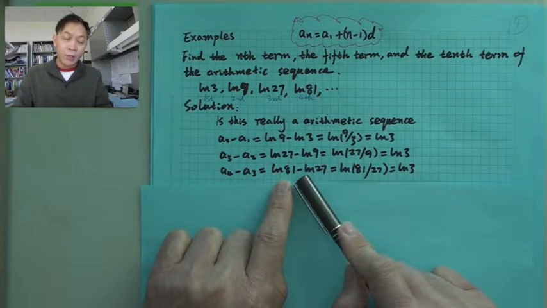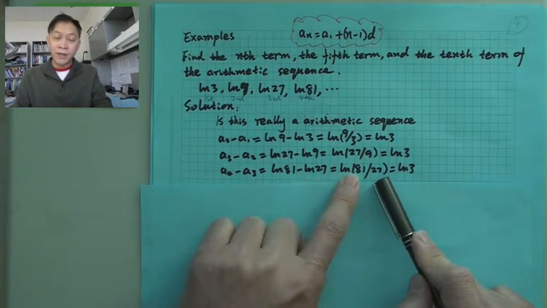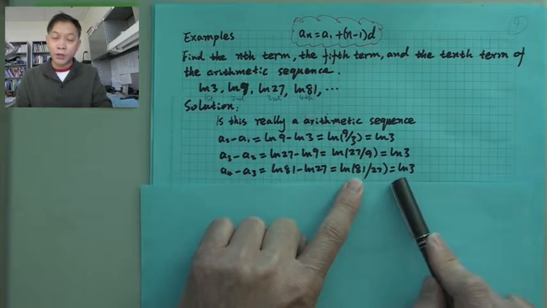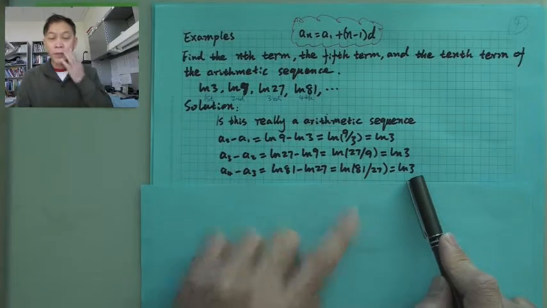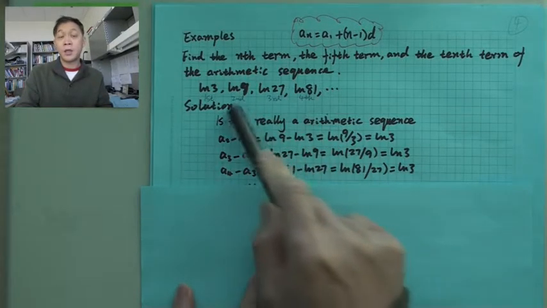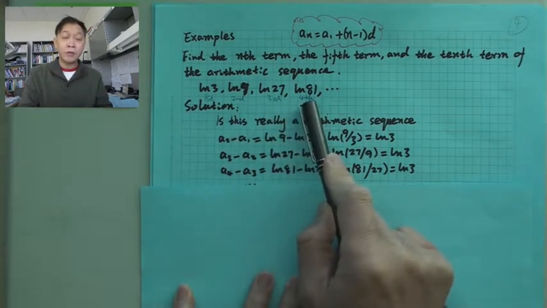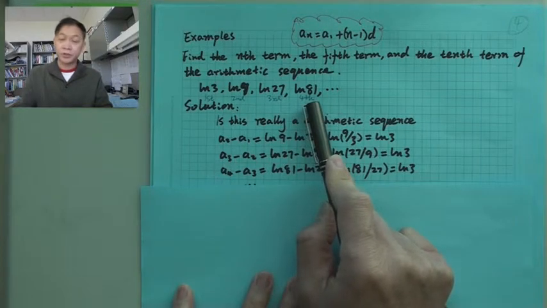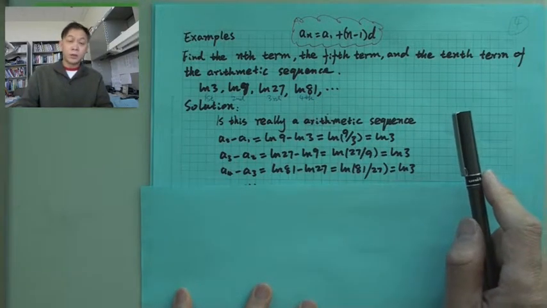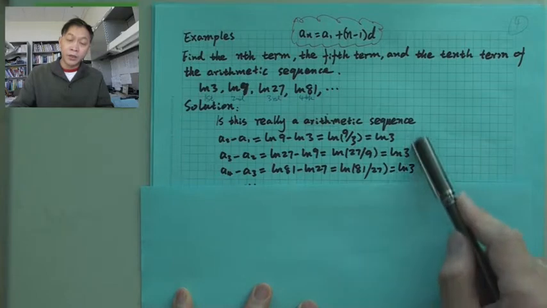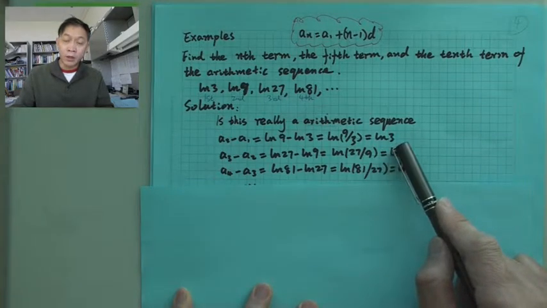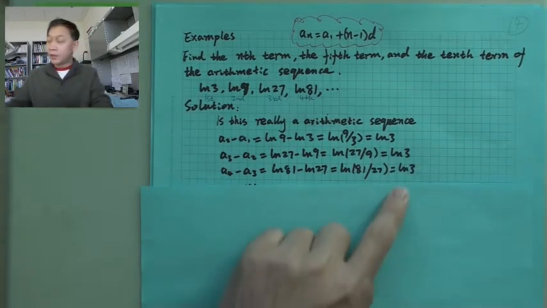Change the subtraction to division. 81 divided by 27 is natural log 3. So it is an arithmetic sequence, and the difference right here, natural log 3, is the D.